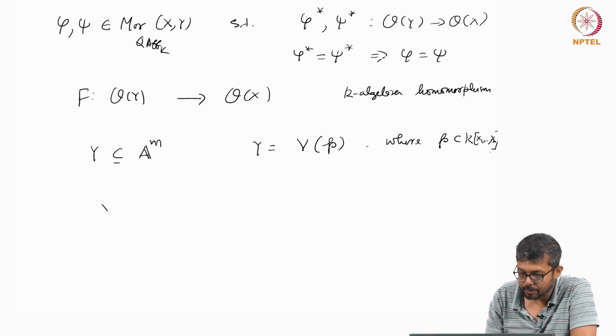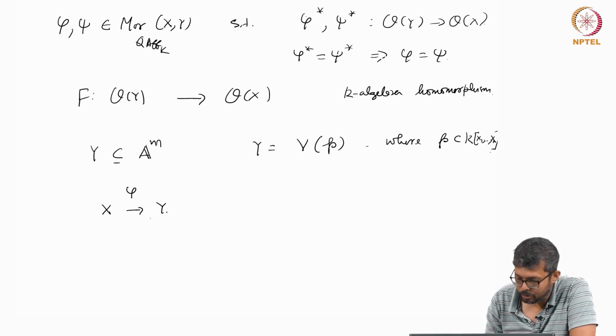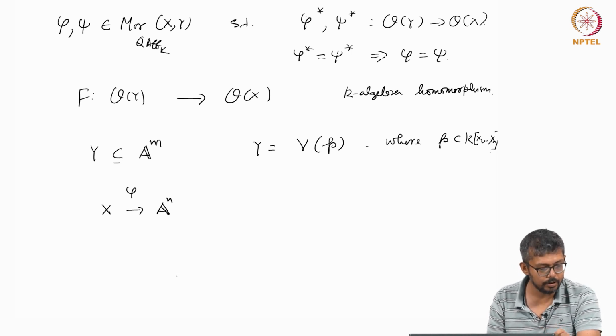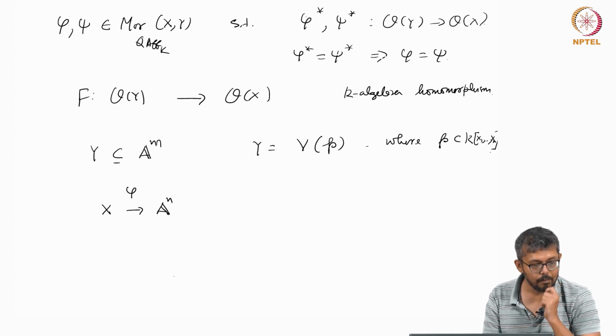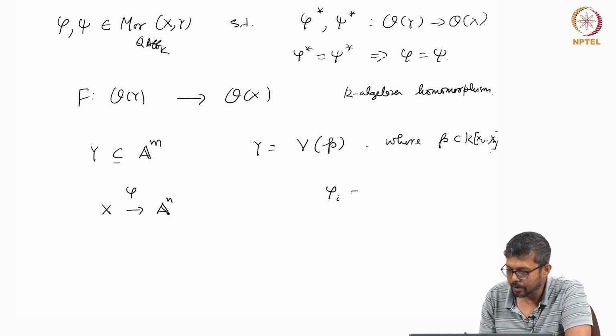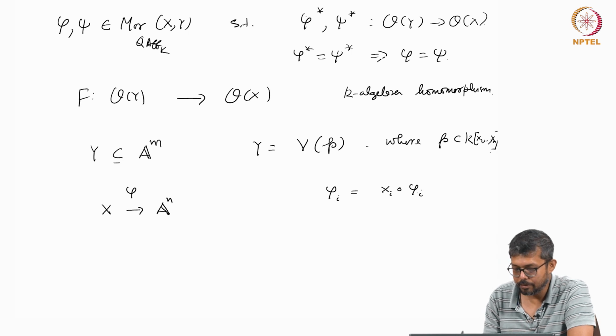Now you want to define a map from X to Y. So first you define it set theoretically. To define a map phi from X to Y, you have to define an algebraic map from X to A^m, and then you should show that the image is lying in Y. So how do you do it? You have this phi_i, which is x_i composed with phi, where x_i is the projection to the ith coordinate.